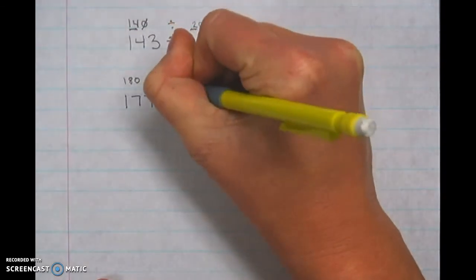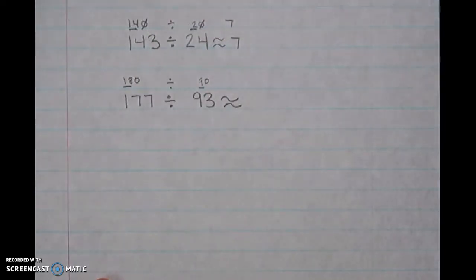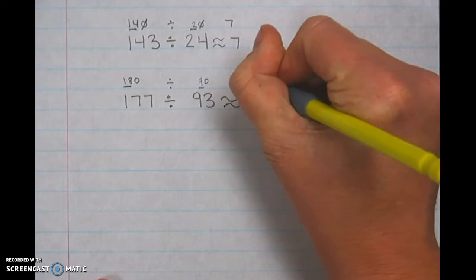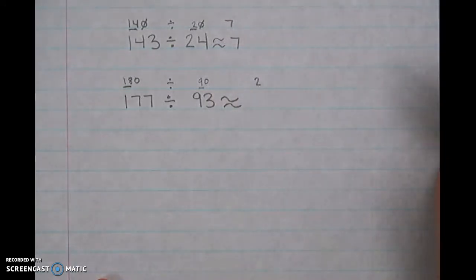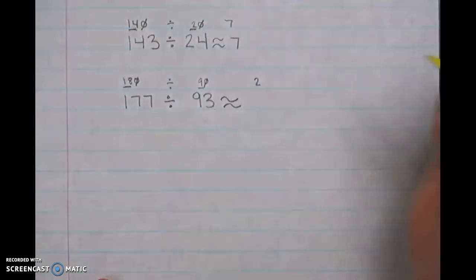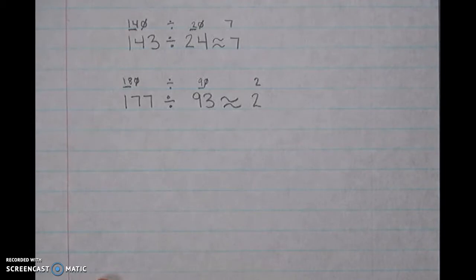And 9 does go into 18 because I'm going to, again, underline those digits that are not zeros. And 9 goes into 18 2 times. Use my canceling out the zeros method, and I have 1 zero gone, 1 zero gone, to leave me with 2 as my approximate answer.